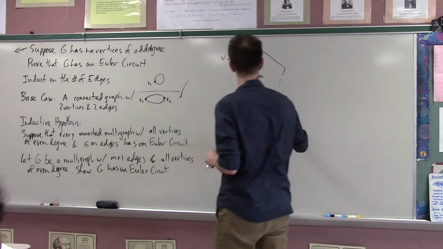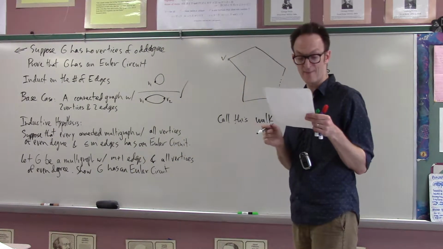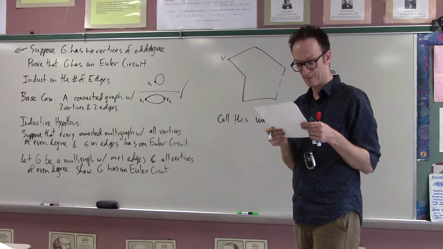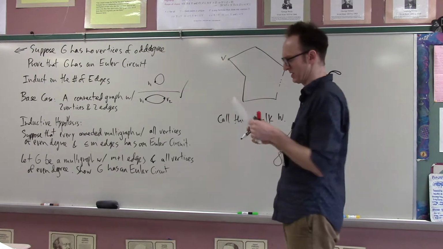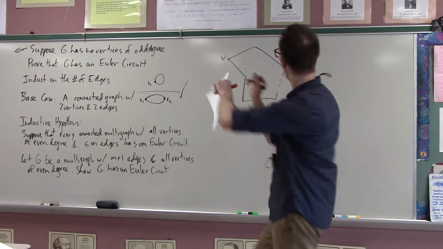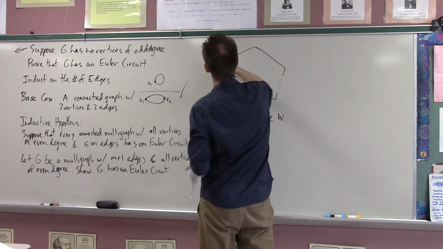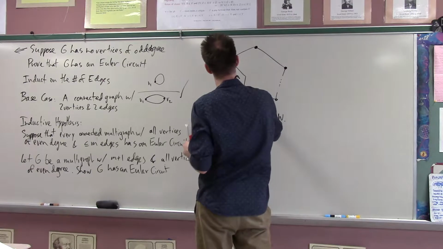Well, I'll still call it W. Every trail is a walk. All right, here we go. This is V, and then we have a vertex, a vertex, a vertex, a vertex, a vertex.